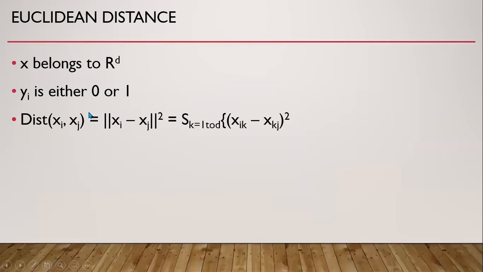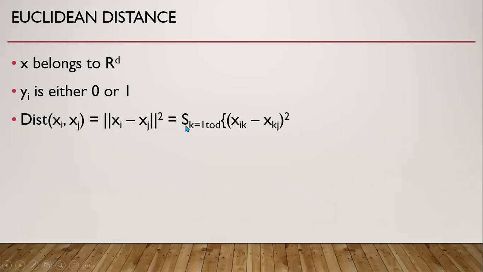So this is the generalization of the Euclidean distance. If x belongs to the real numbers in a d-dimensional space, so dimensions may be more than 2, and yi is either 0 or 1, then the distance between xi and xj is written as this.